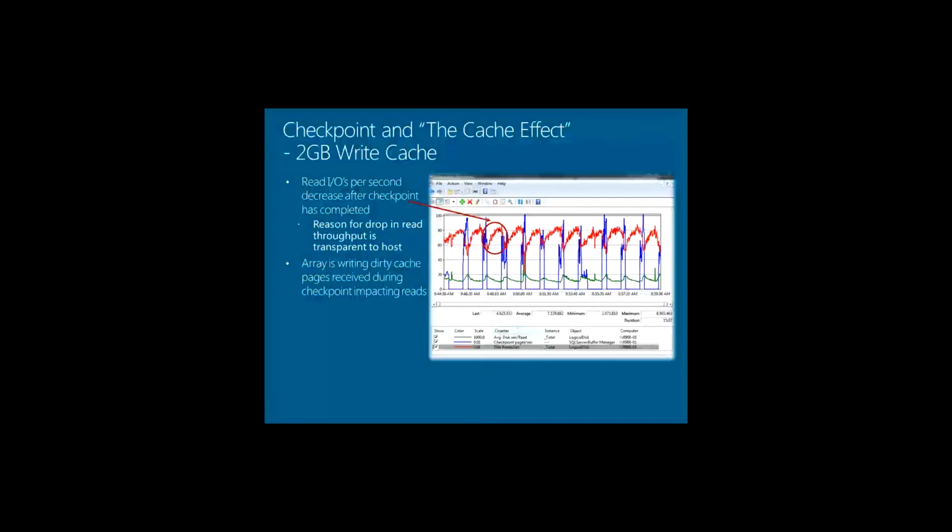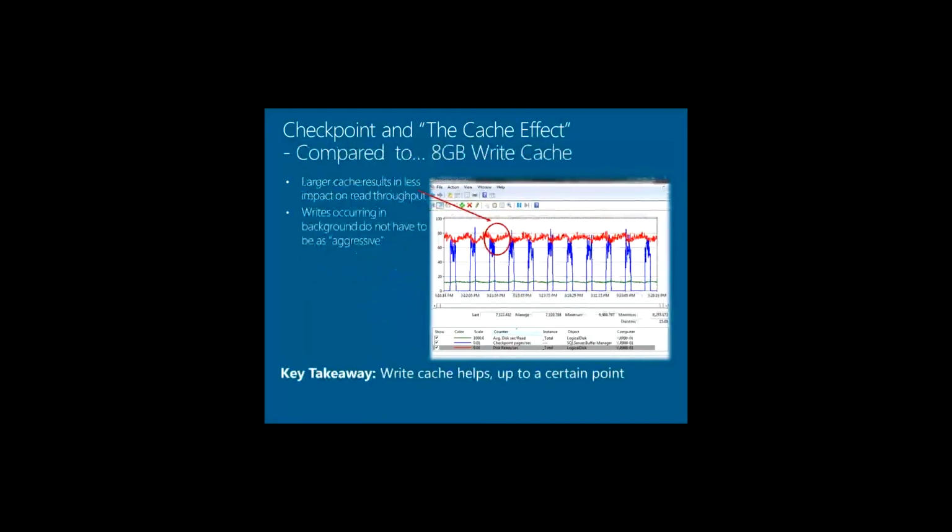It's because that burst of write activity filled up the cache on this array, and the array was busy destaging those writes back to disk. It had no room to bring data into the array's cache for future reads, so the future reads were slower. Contrast that with a system, same workload, same server, with a much larger write cache that smooths out that effect significantly. So it doesn't make it go away, but it can help significantly.